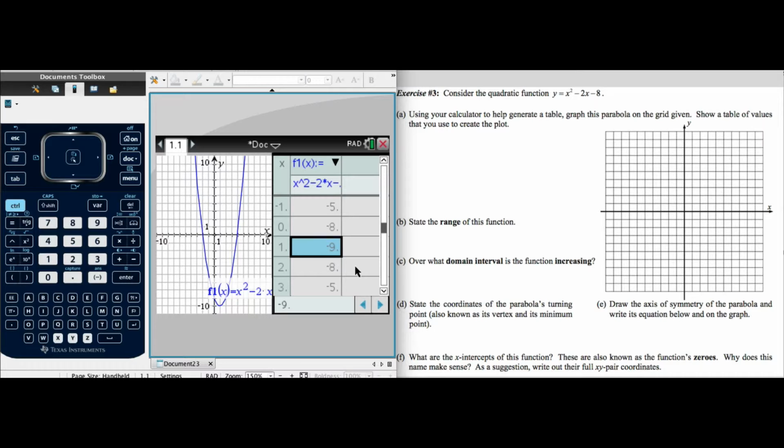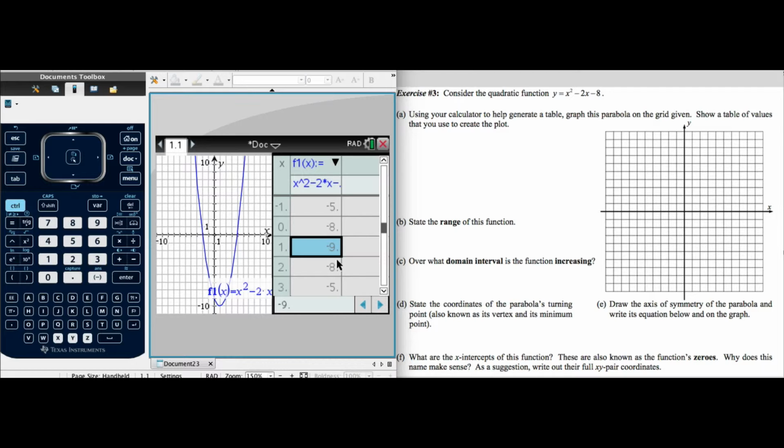Let's go back to the table. So I see that I am decreasing when I go from negative 1 for x to 0, but I start increasing when I go from negative 1 to 2, where I get negative 9 and negative 10. So it's increasing. The domain interval of the increase is x is greater than 1.